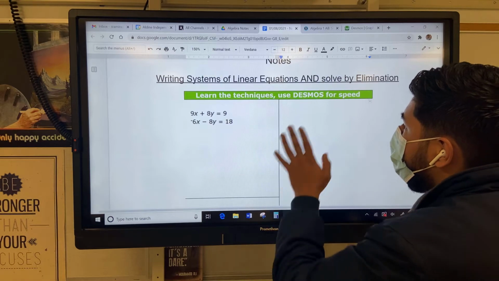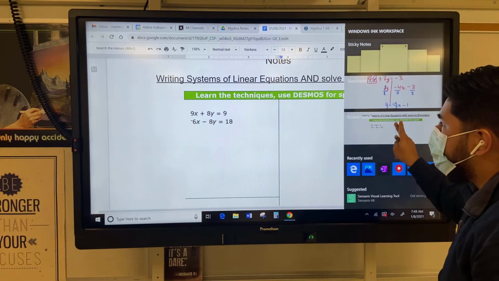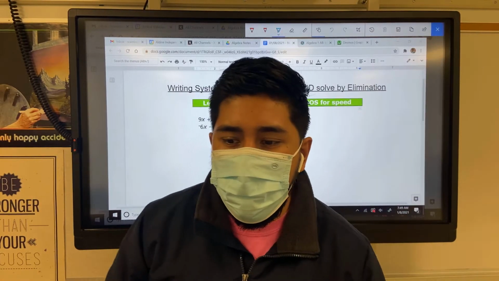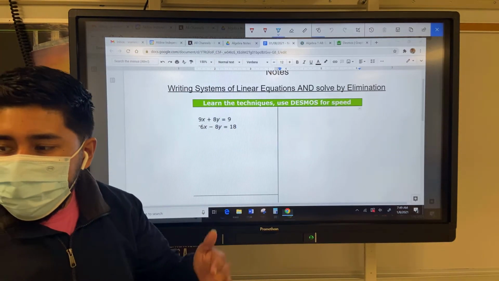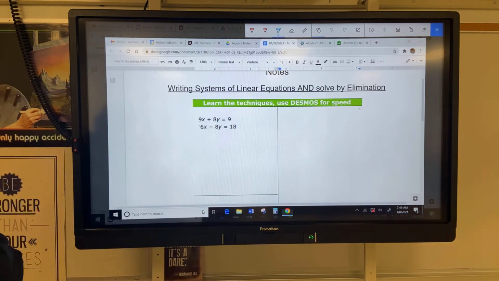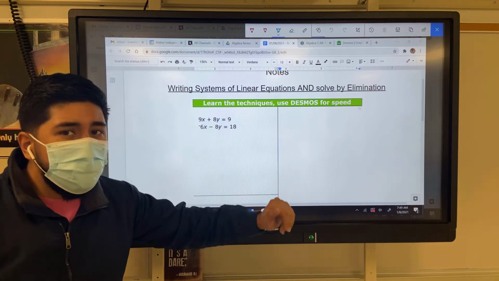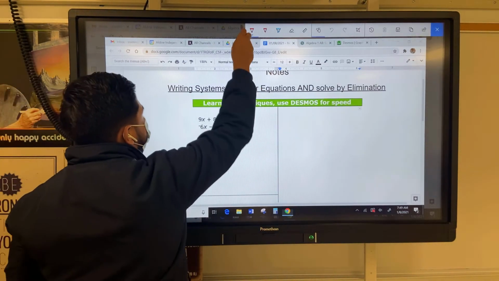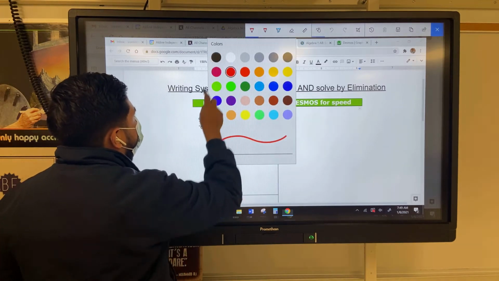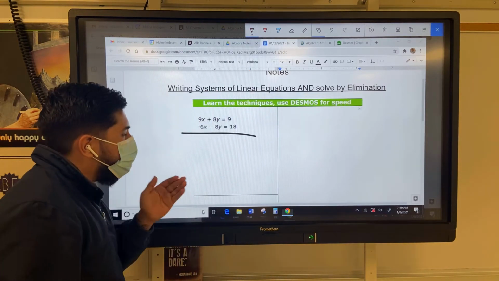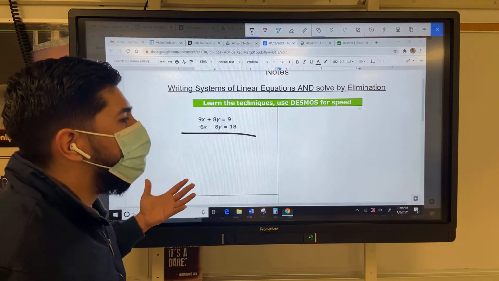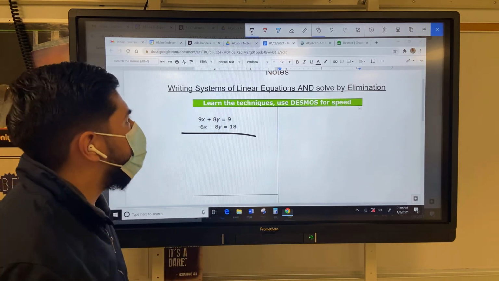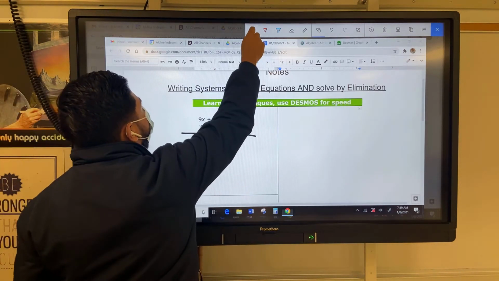So what we have to do here, ladies and gentlemen, these problems are set up for you to eliminate a variable. So if I look down right here, I can make something 0, which means I need to add across, add downwards, just like regular adding and subtracting, just like you did in elementary school.